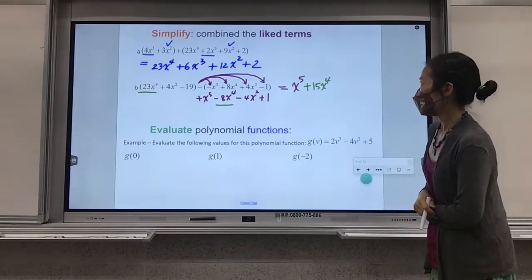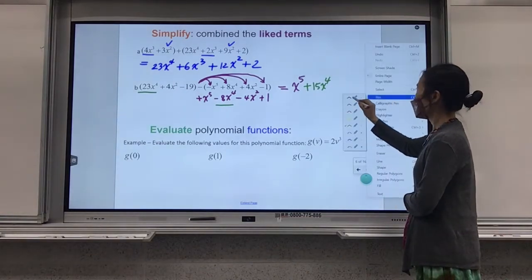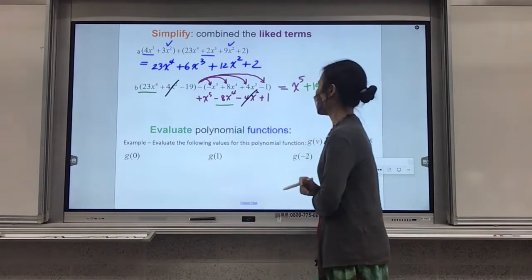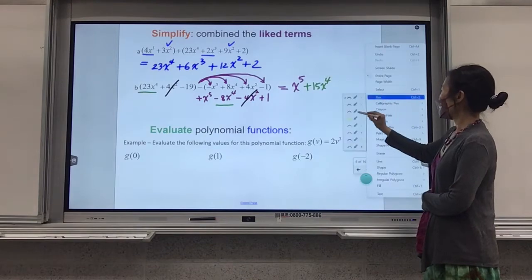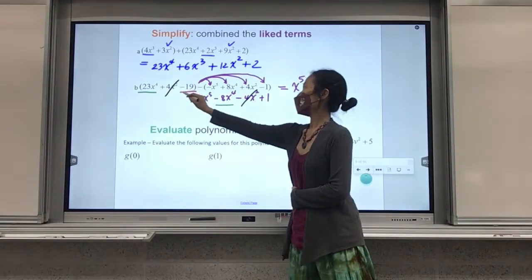How many x to the power 3? Nothing. x to the power 2? Nothing. x to the power 2, canceled. Great. Love canceling things. And the last term will be the constant, negative 19 plus 1.